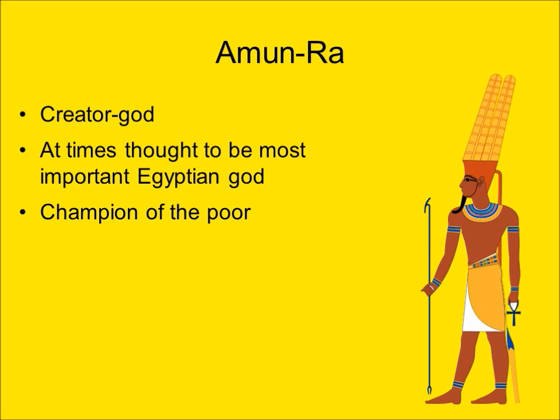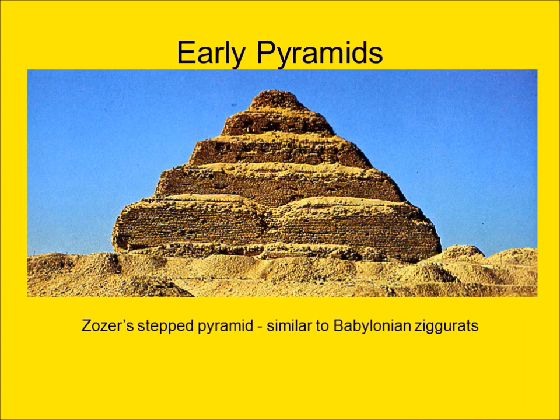Believed to be self-created, did not have a mother and a father. He rose in prominence, Amun-Ra, after the city of Thebes led a revolt against the invading Hyksos. He was the patron god of Thebes. So this kind of catapulted Amun-Ra to an important place in the pantheon of Egyptian gods.